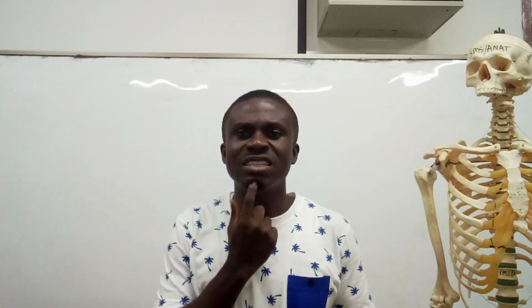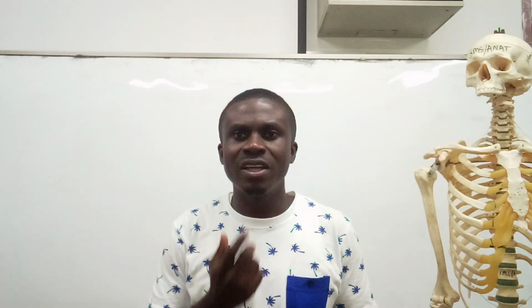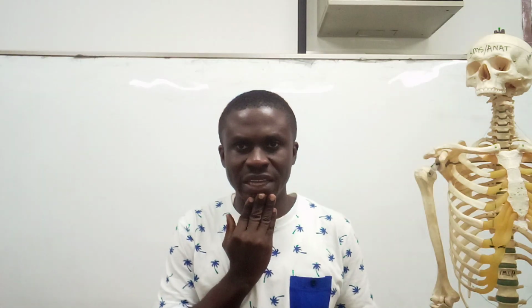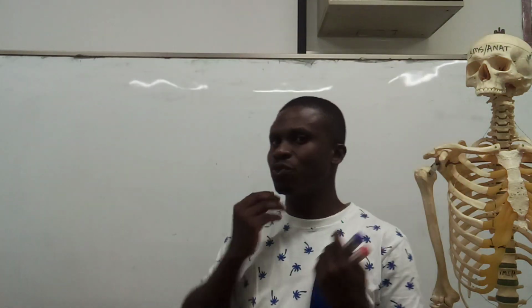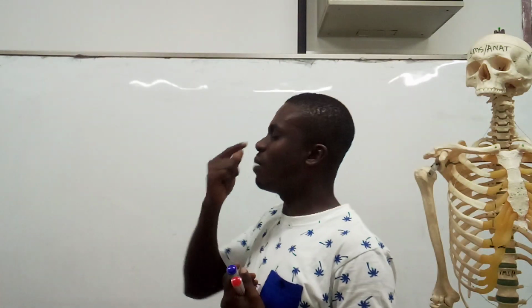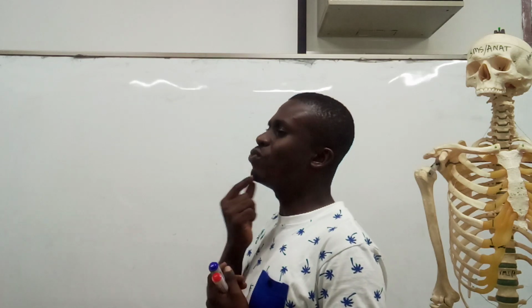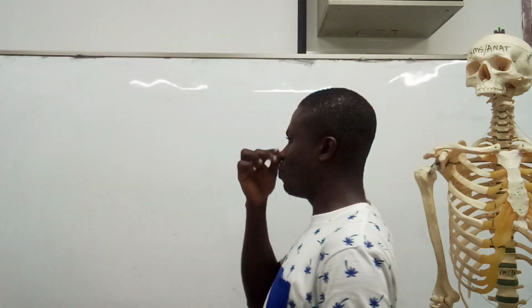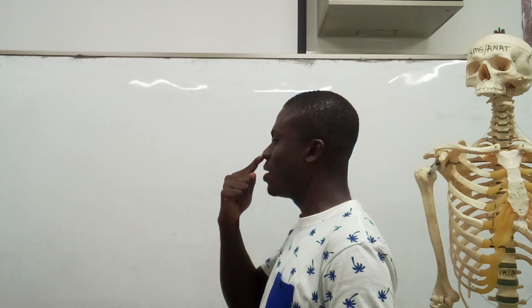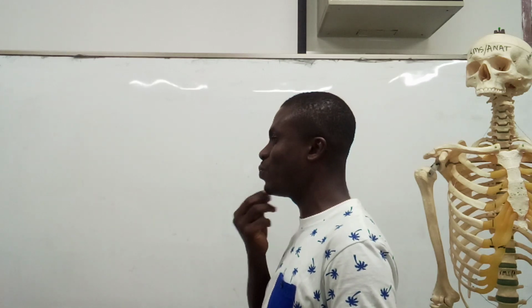So for instance, this is my mental area, that's my chin. Now assuming I lie supine, which means I'm lying downwards this way. If I'm comparing my nose to my chin, my mental area, I can say that the tip of the nose protrudes a bit more anterior compared to my chin.